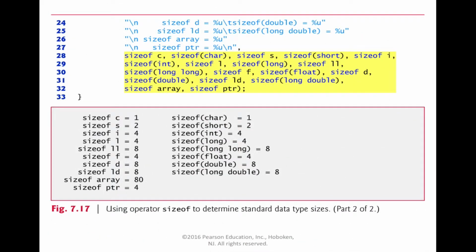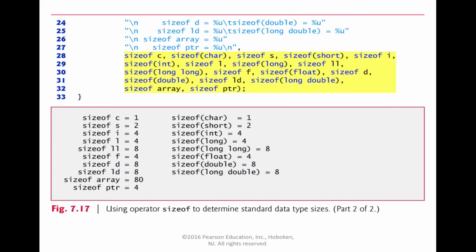We're going to get the size of double, the size of long double, the size of the array, and the pointer to the array. And you can see all the different sizeofs that I'm passing into the printf function.